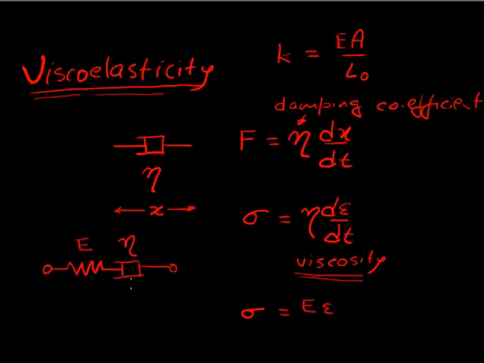Now it turns out that it's difficult to fit this model in all cases. So it's usually easier to fit data with a model that contains both a series elastic element and a parallel elastic element. So let's call it E1, E2, and the viscosity.